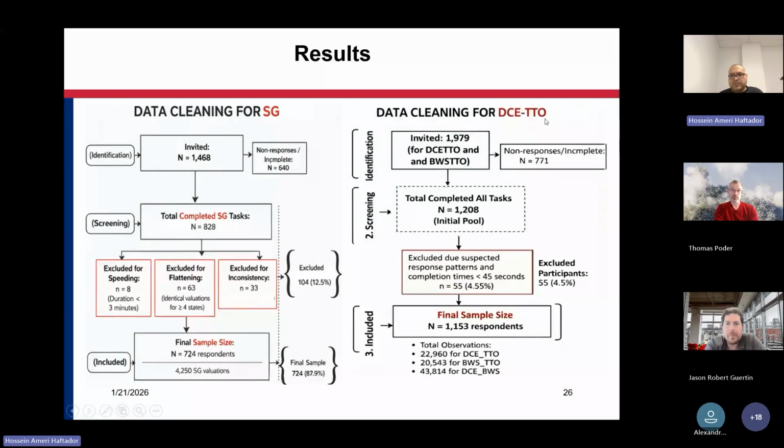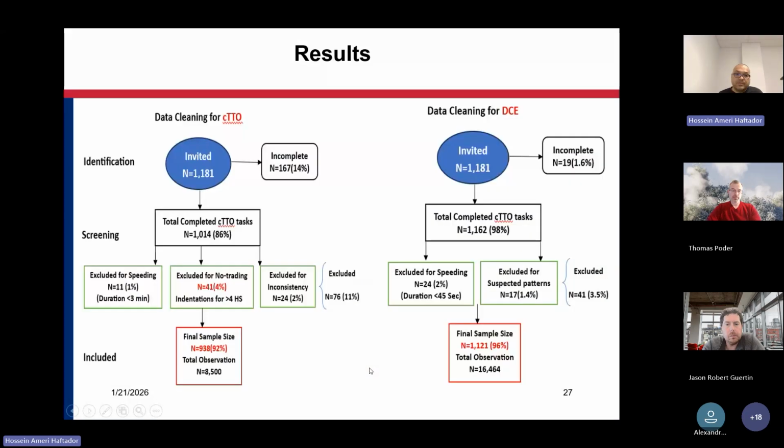For DCE TTO, we invited 1,979. The final sample was 1,153. It created 22,000 observations for DCE, 20,000 for BWS, and 43,000 for DCE BWS.